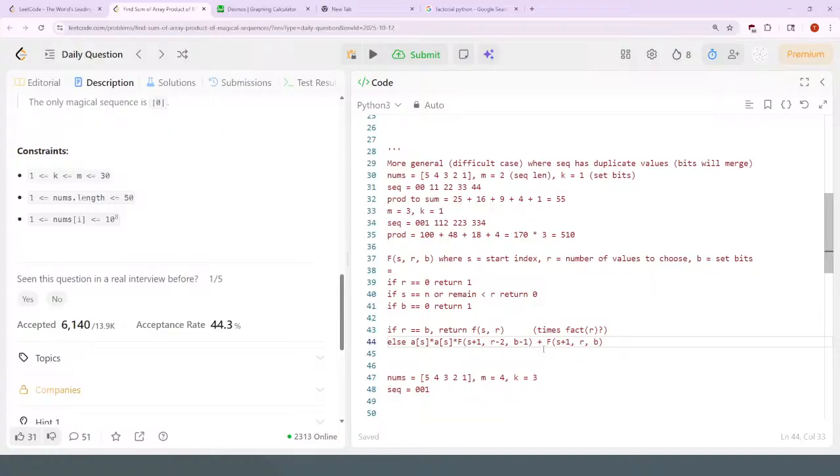Is there a factorial here? Is there a factorial here? I don't know. F of s plus 1 rb, r minus 2, b minus 1. That seems right.